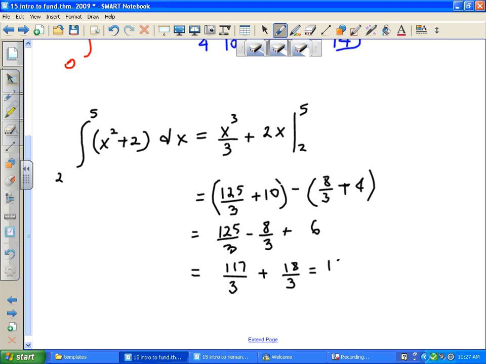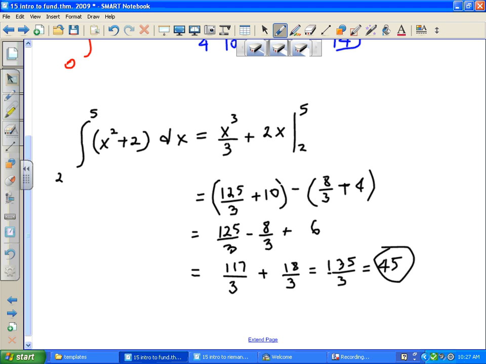It's like 135 thirds, I believe. And I think this one actually turns out to be a whole number. Is it 45 times? Yeah, 45 times. So the area under this curve from 2 to 5 is going to be equal to 45.